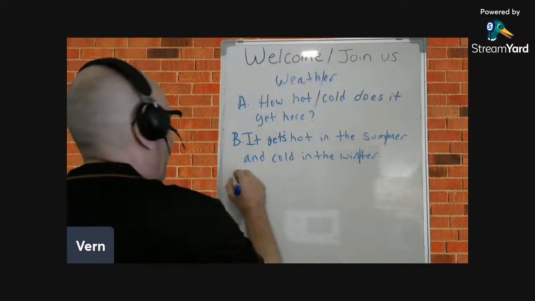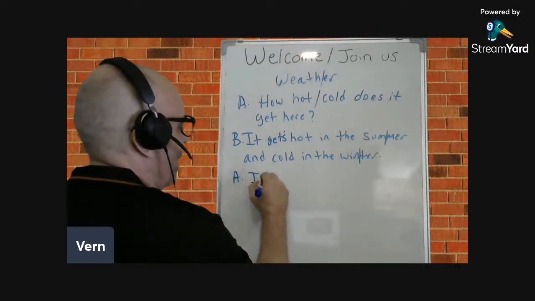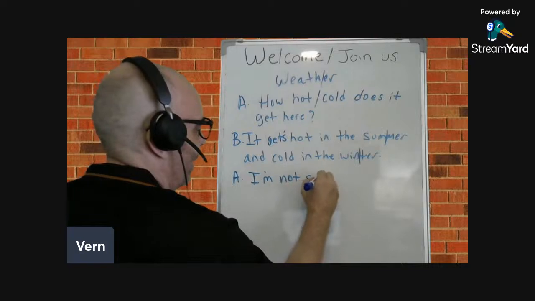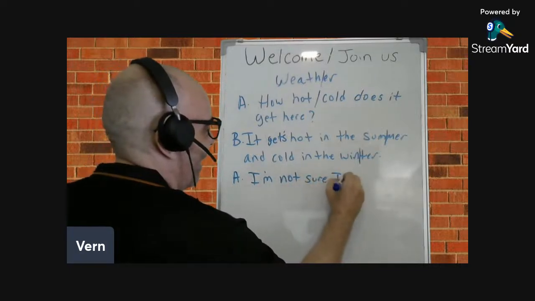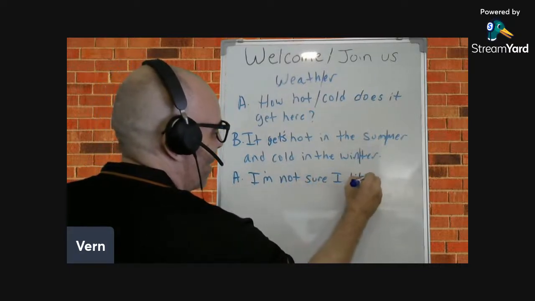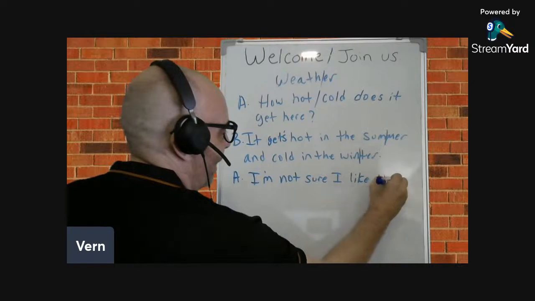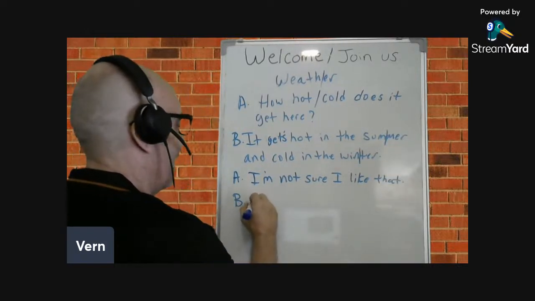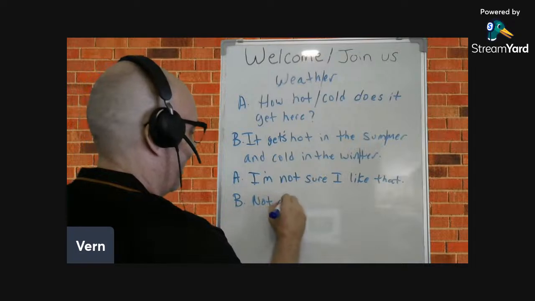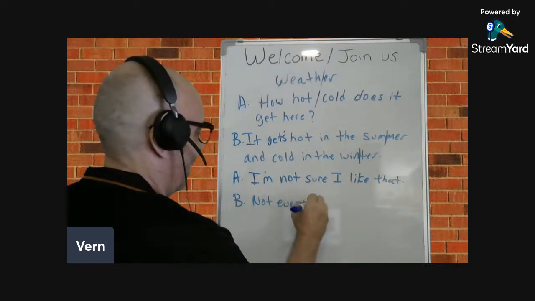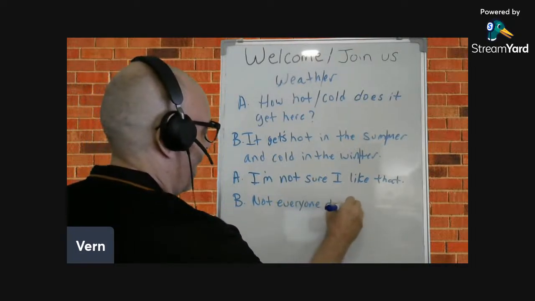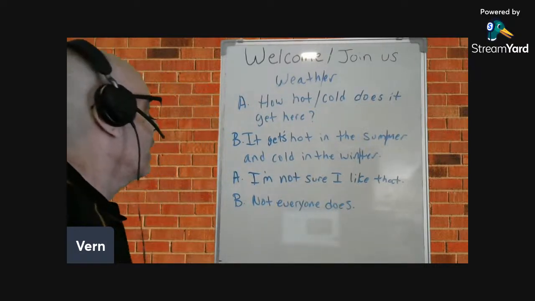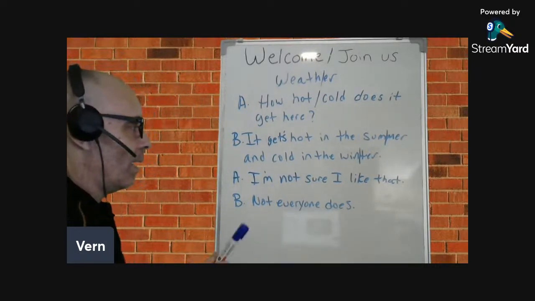And A could reply and say, I'm not sure I like that. Yeah, how about you? And B could reply and say, not everyone does. Yeah, not everybody likes those big changes in weather. All right, let's find our syllables. I'm not sure I like that.